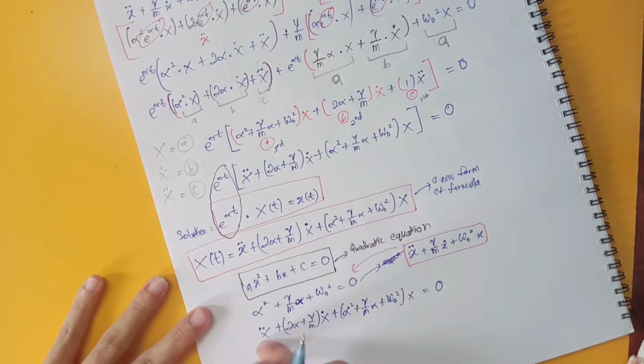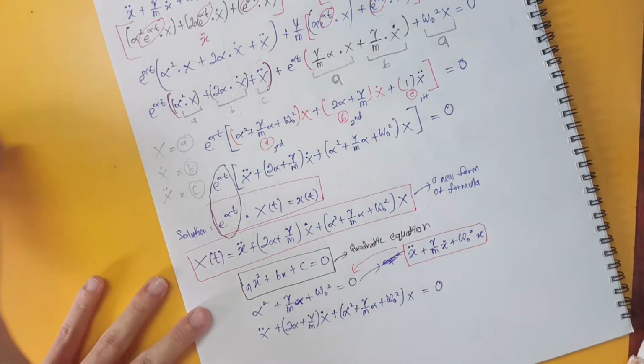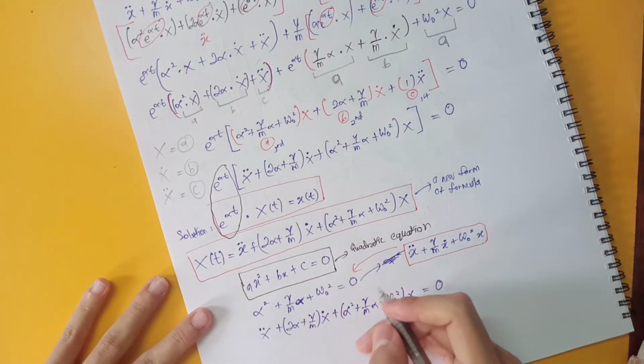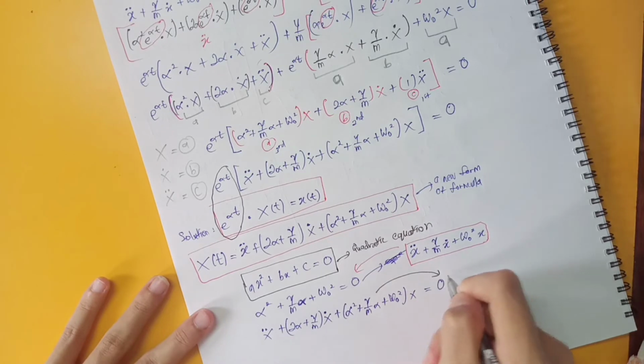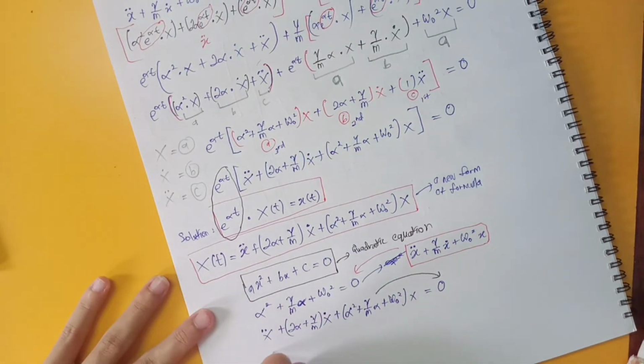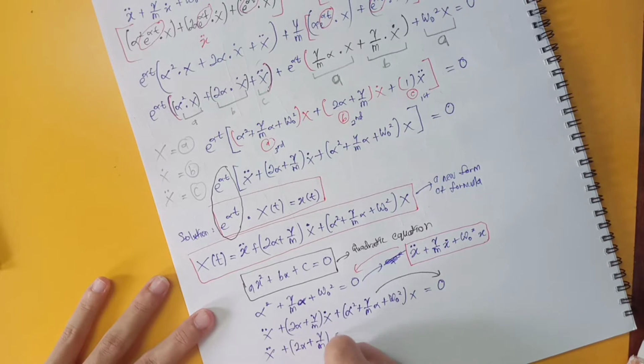Now when we move this to the right side, this is equal to 0. So finally we get x double dot plus 2 alpha plus gamma over m times x single dot equal to 0.